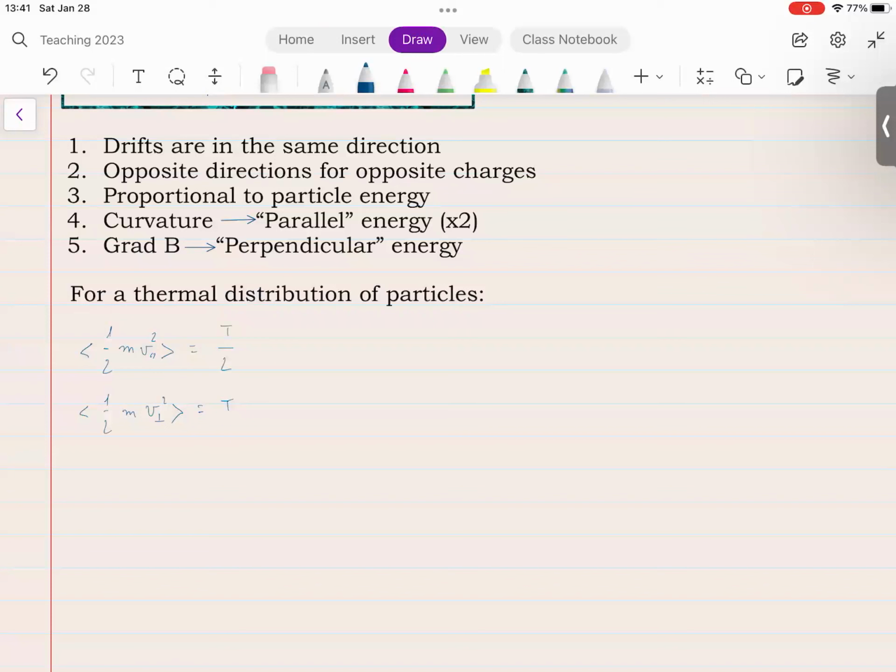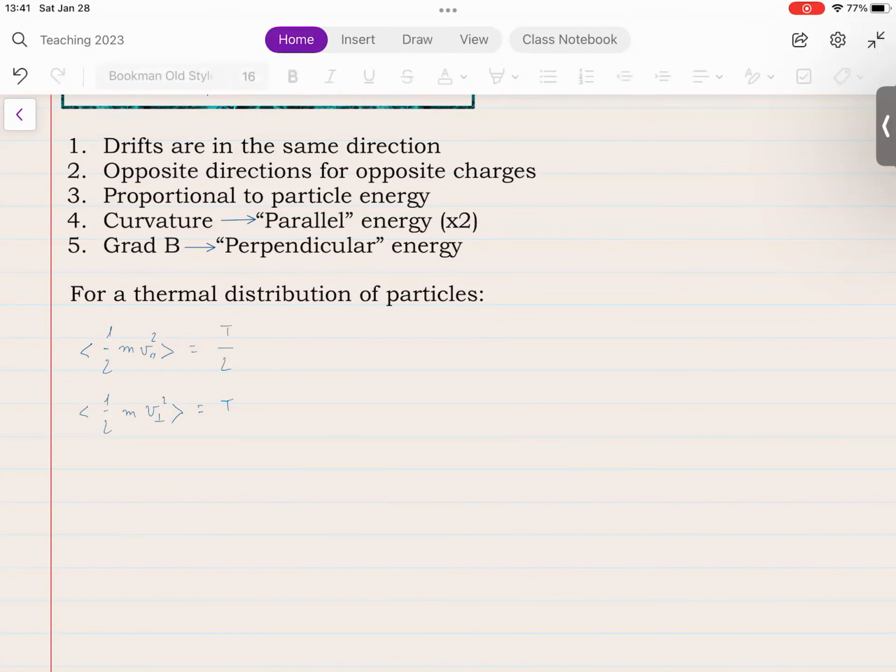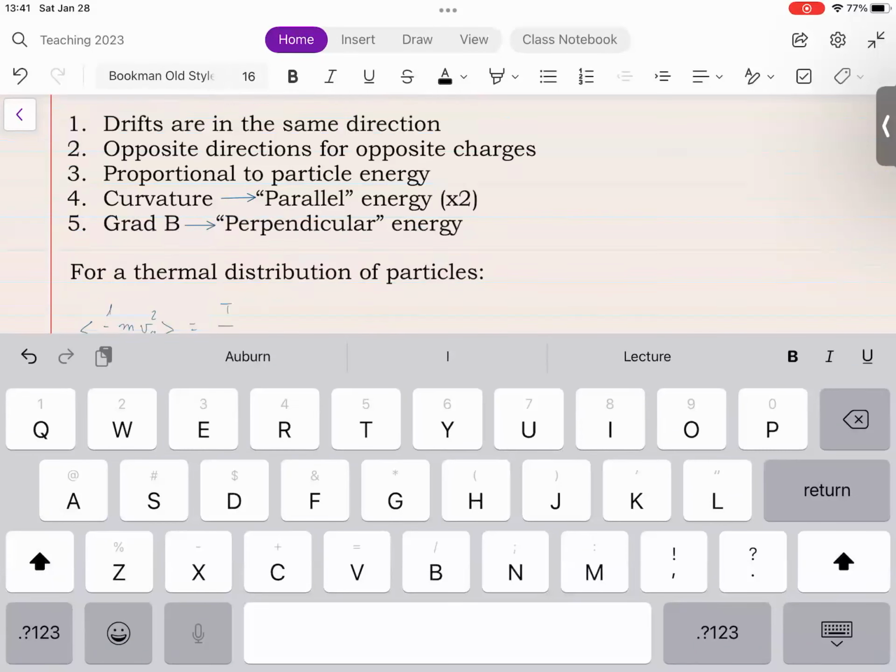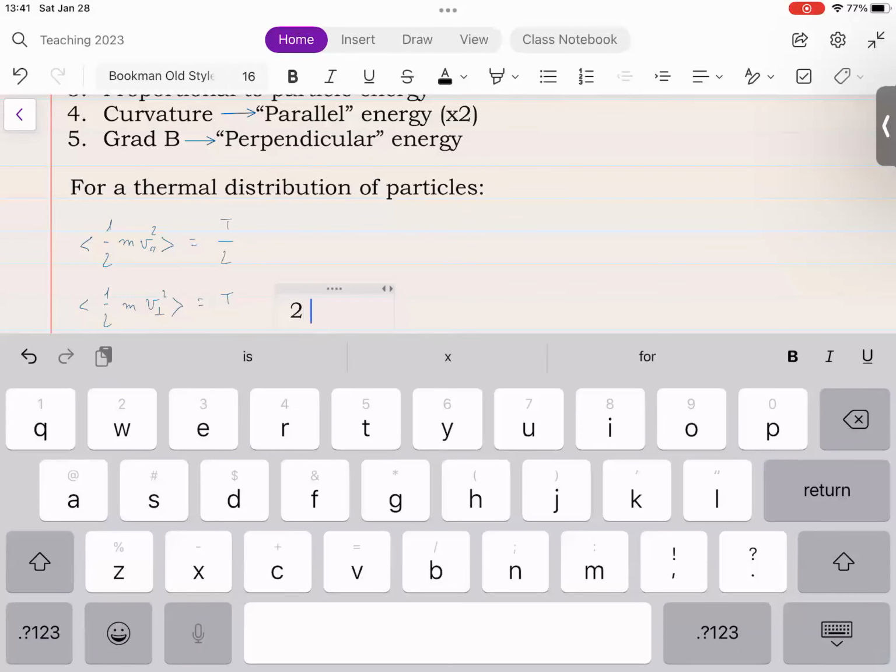Okay, so that's what happens. And the reason why this happens, I don't have to convince you, I'm pretty sure, is that we have 2 degrees of freedom in the perpendicular direction.